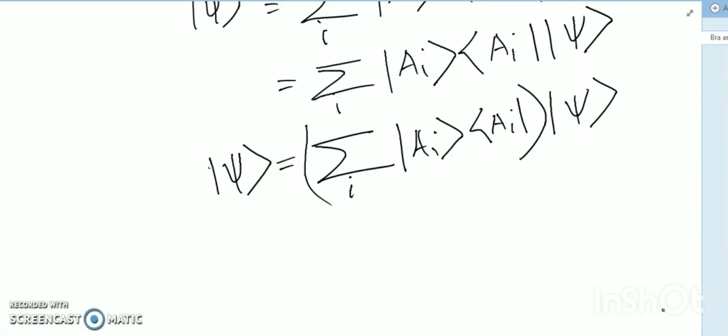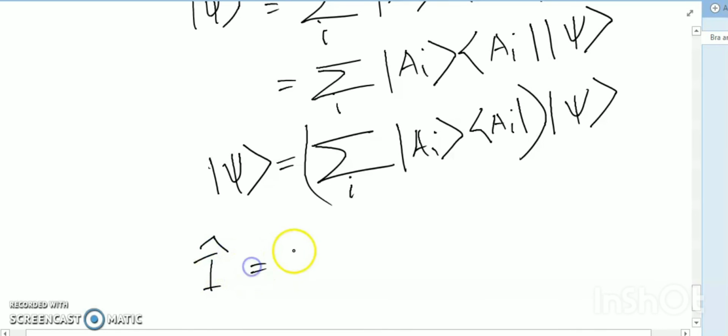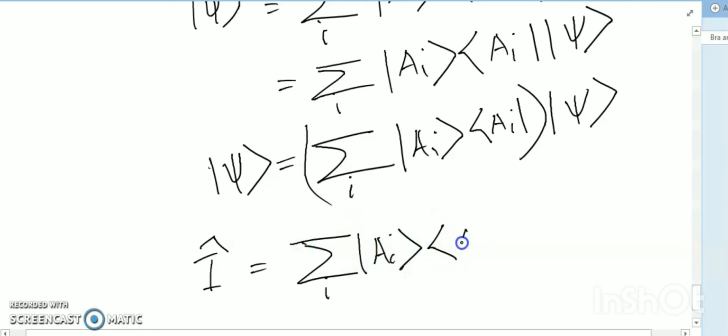We have a summed operator that when acted on psi returns psi. This means that we have just proven that for any orthonormal basis, the sum must be equal to the identity operator. What is the identity operator? The identity operator is this way. This expression is called the resolution of the identity.